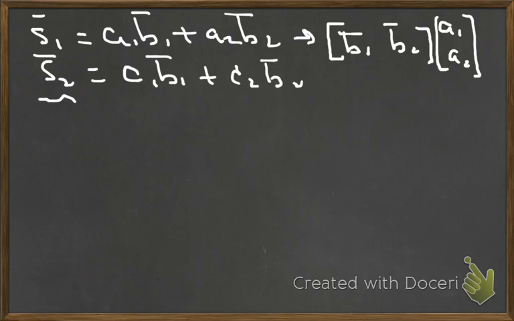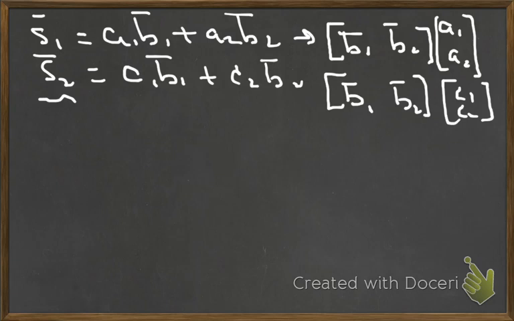And similarly, there's a matrix having as its columns B1 and B2 times the unknowns C1, C2, that has as its solution, its right-hand side, S2. So here we have two systems of equations with two different right-hand sides.